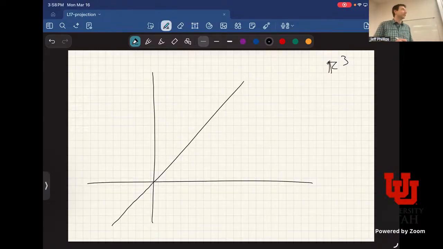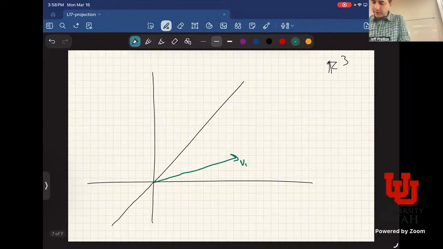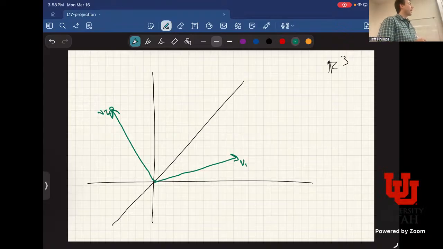Pretend we're in 3 dimensions. We're going to have 2 vectors, V1 and an orthogonal vector that's also a unit vector. We'll call this one V2. So I have these 2 vectors, they're orthogonal and they're unit vectors.